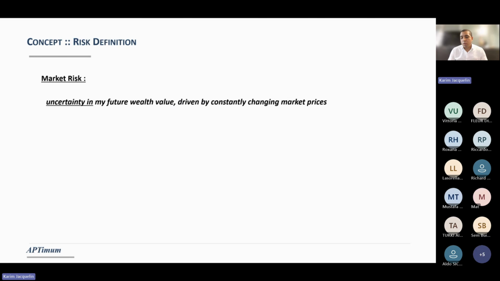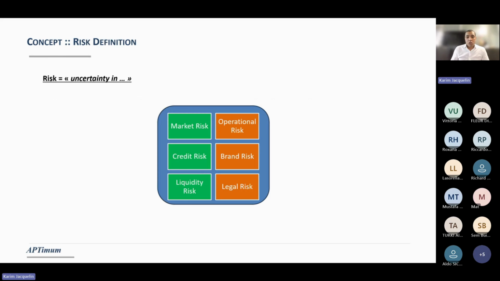I don't know the price of my asset tomorrow, in 1 week, in several weeks, or in several years. This is risk because there is uncertainty in my future prices, because I can't know them. This is the definition of market risk.